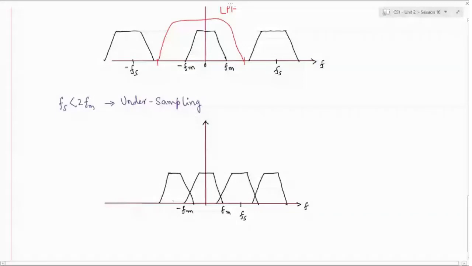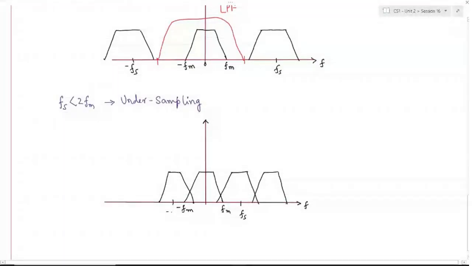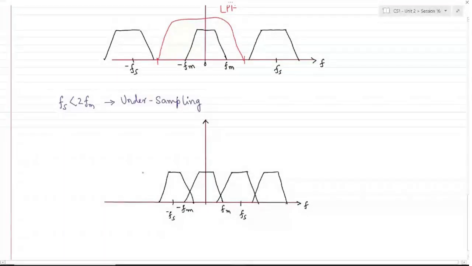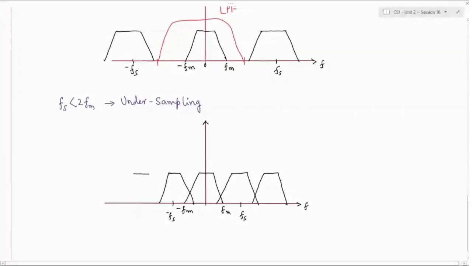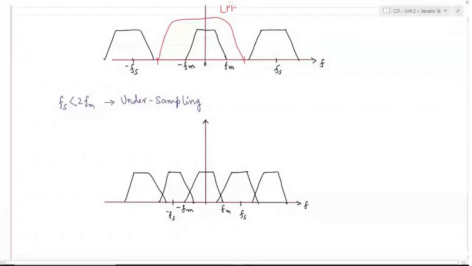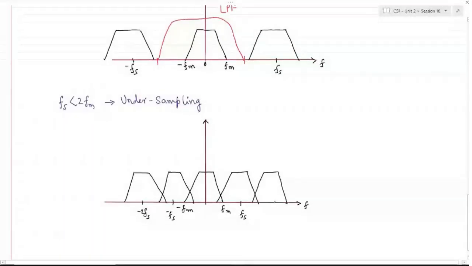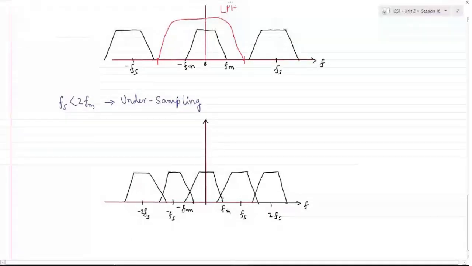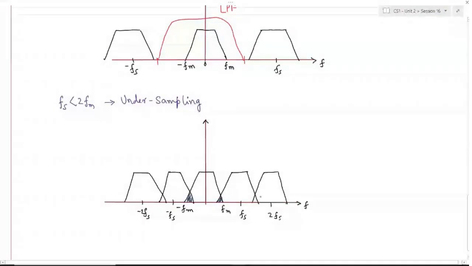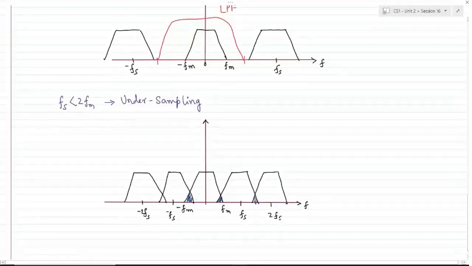Pardon me for these non-scaled versions of the figure, but I try to depict 2fs and so on. As you can see, there is a clear overlapping in this region where it crosstalks with its adjacent sample. And even if you have an ideal filter which has infinite rise and infinite fall, you will not be able to recover the original signal back.